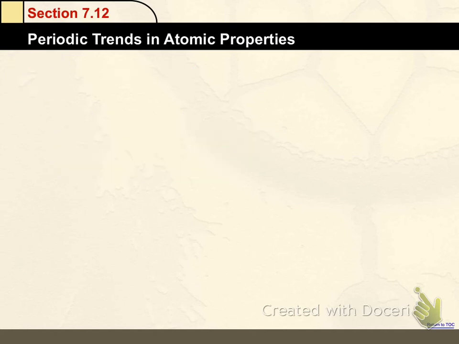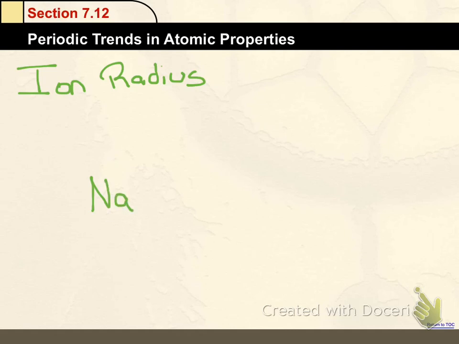Oh, hey, one thing I want to speak of here that's not on my PowerPoint. So that was atomic radius. How about ion radius? Let's just quickly talk about this here. Let's look at 2 different atoms. Let's look at sodium, and then let's look at sodium plus. And let's think of what happens to the size of that particular atom as it loses its electron.